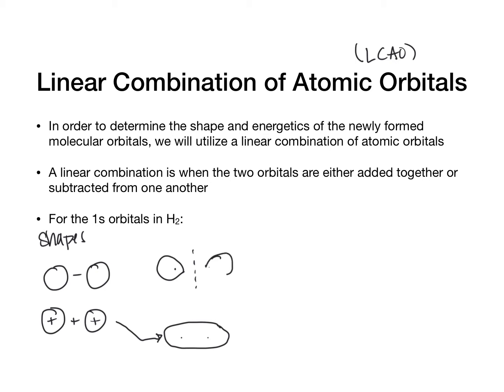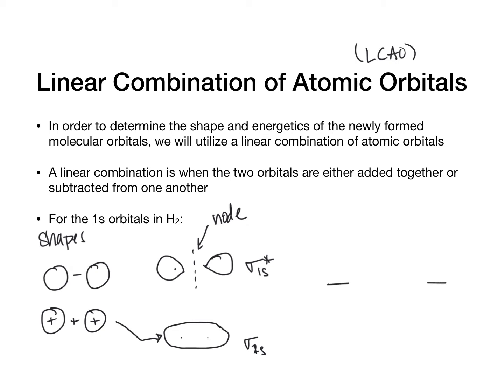It tends to have a shape like this, where there's definitely no electron density here, so we have a big node. When we label these, when two orbitals come together, they are sigma. This is the sigma 1s, and this is called the sigma star 1s, where the star means antibonding, and we'll look at that on the next slide.